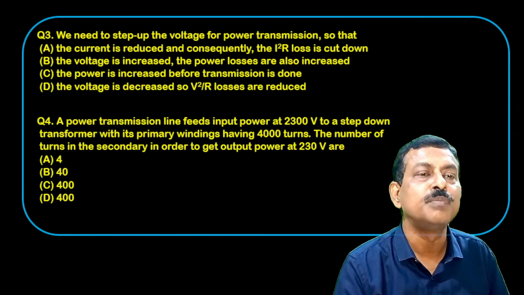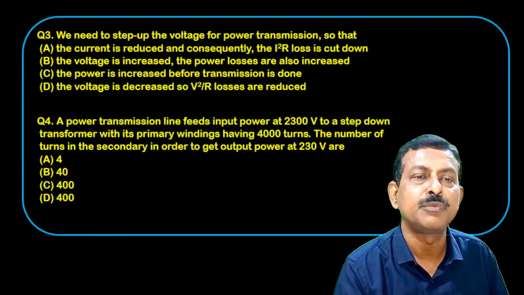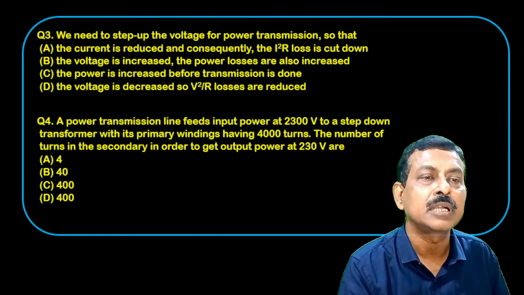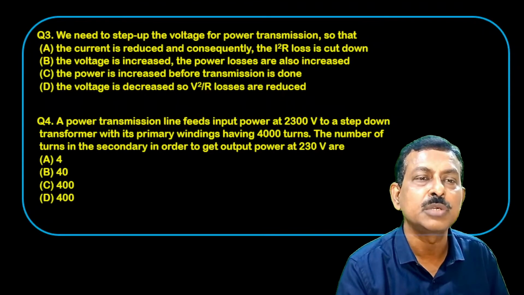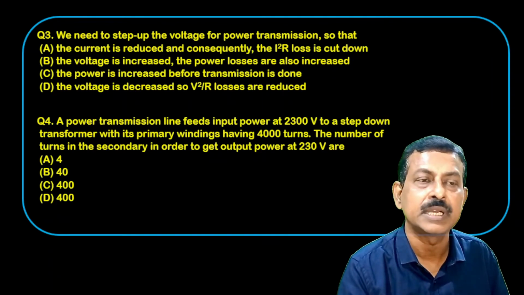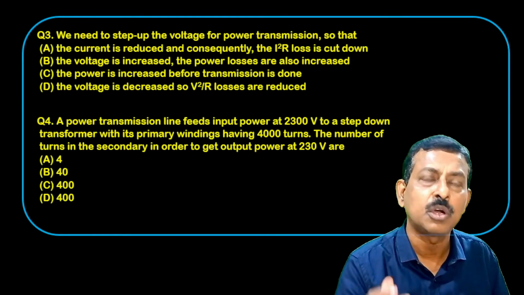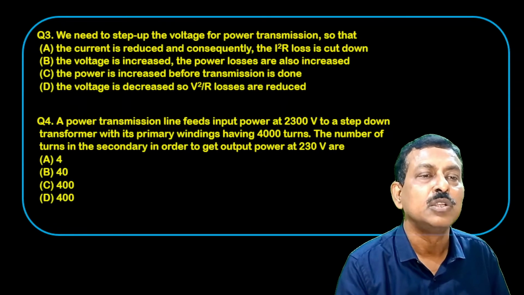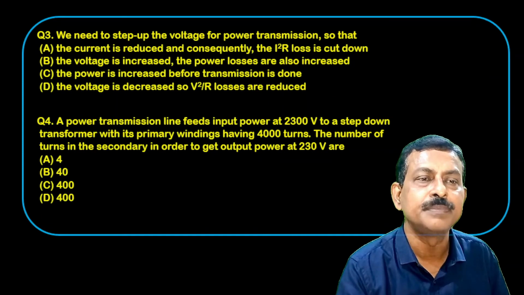We need to step up the voltage for power transmission so that the current is reduced and consequently the I square R loss is cut down. This is correct. Let's see the other options also before we opt for the first one. The voltage is increased, the power losses are also increased.